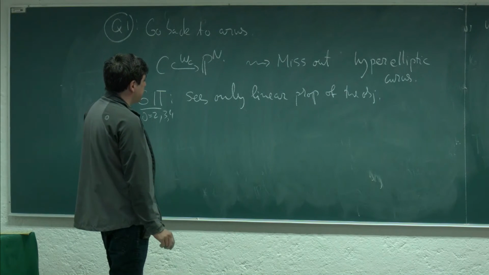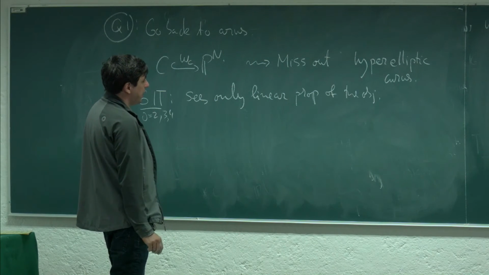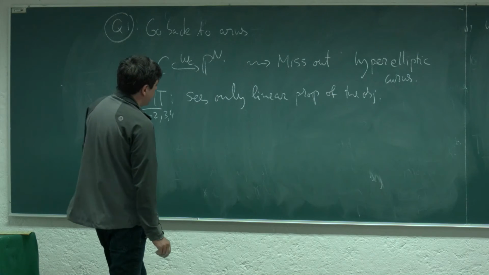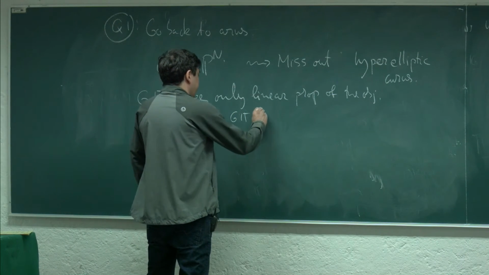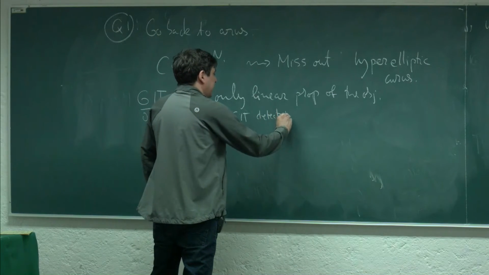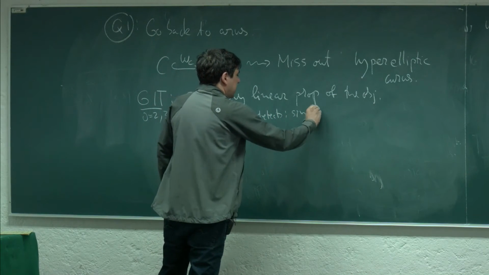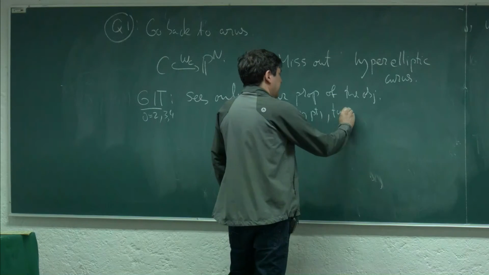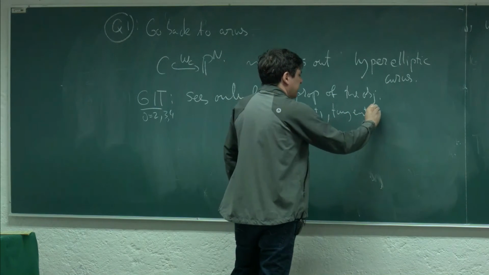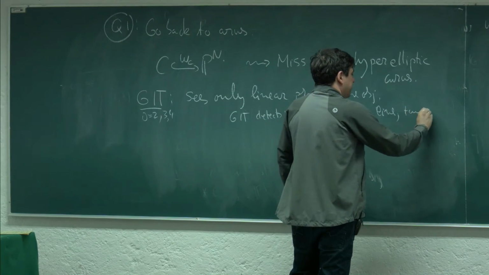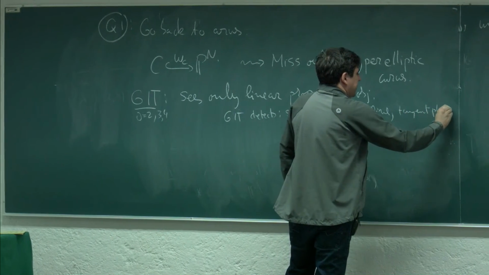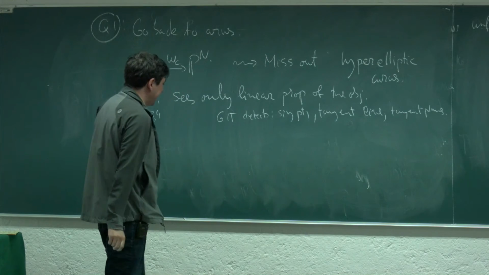But the point is that GIT only sees linear properties of the objects. So GIT detects singular points, tangent lines, tangent planes, and so on. It doesn't detect something more subtle, which is not linear.